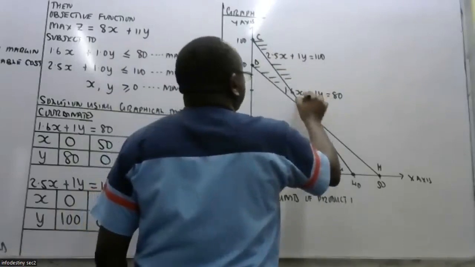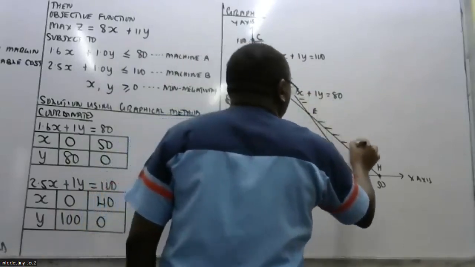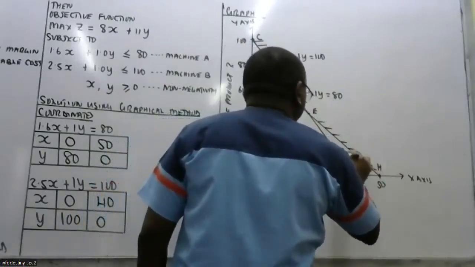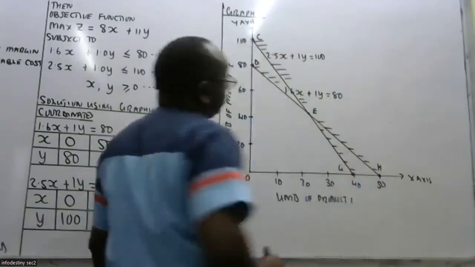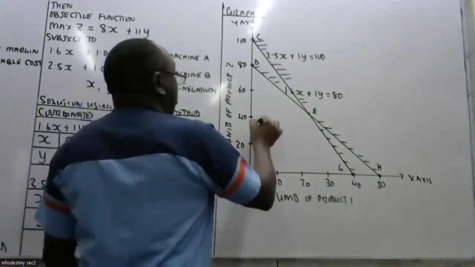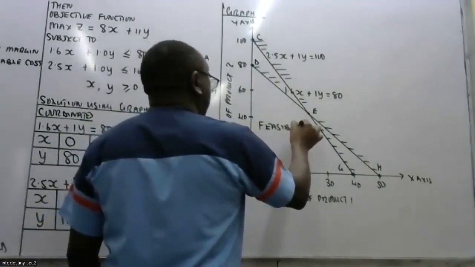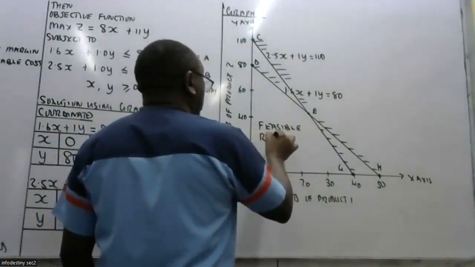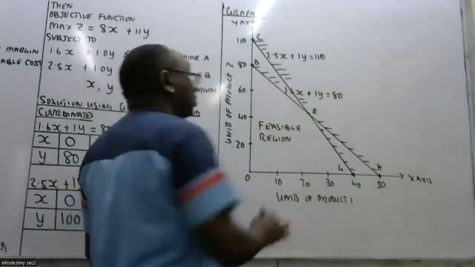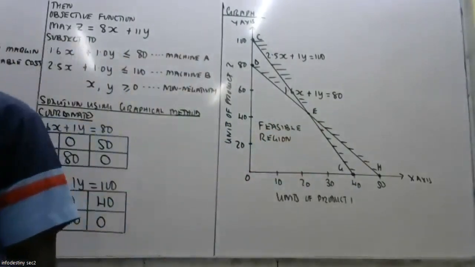For these two lines, this region here is called the feasible region. Feasible region.